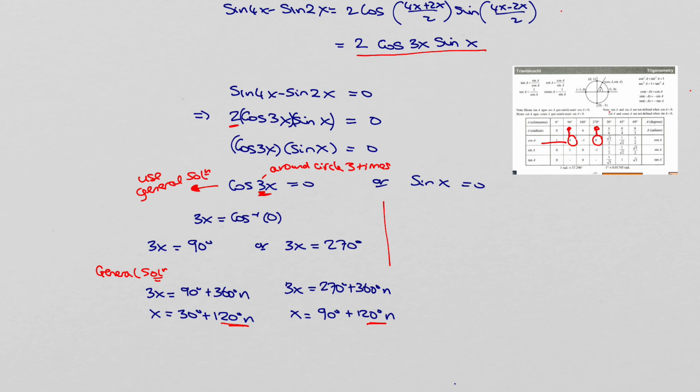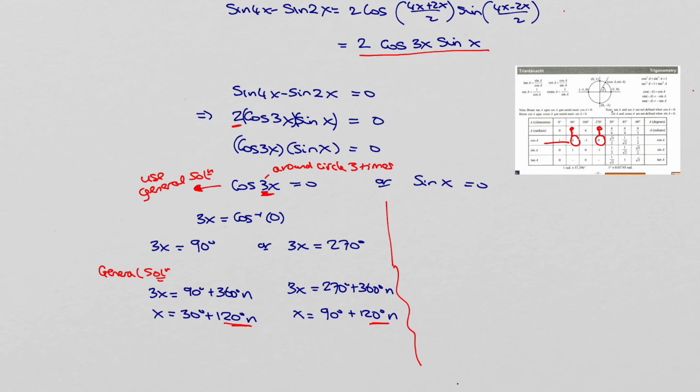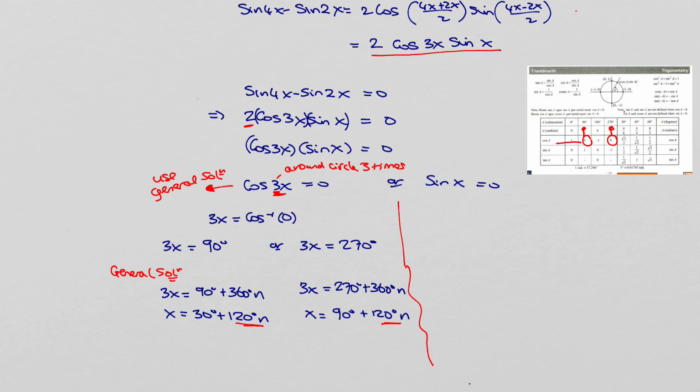So how do we find the solutions? Well, we need to sub in for n equals 0, n equals 1, and n equals 2. So when n is 0, I get x is equal to 30 degrees. And then x equals 30 plus 120, which is 150.